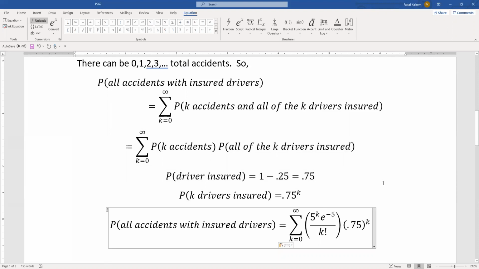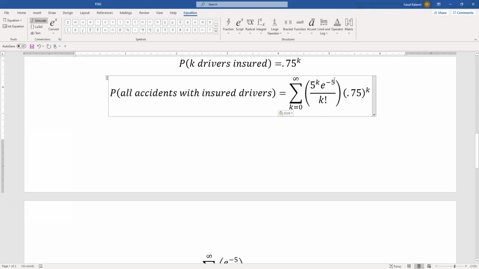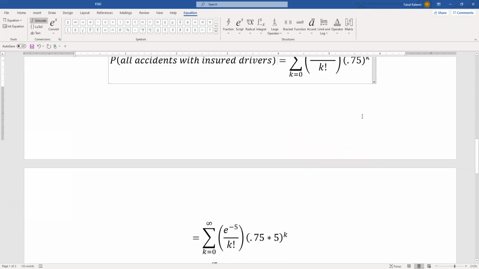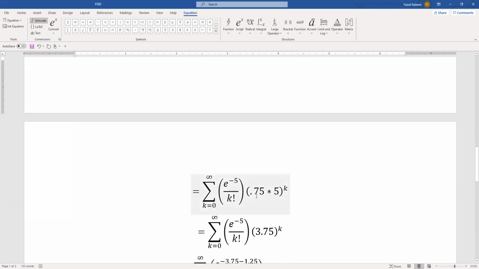Now this looks like an impossible summation at first sight, but we will play a little trick. First of all, we combine the 5 power k and 0.75 power k, and leave the e to the negative 5 over k factorial. So I have 0.75 times 5, and whole power k. And now 0.75 times 5 is 3.75.